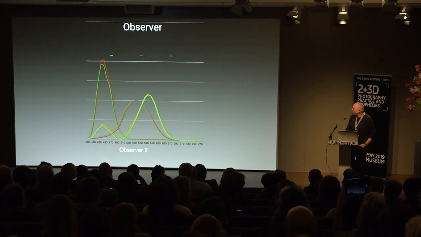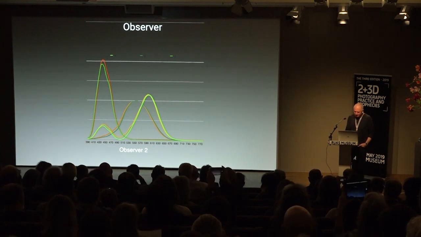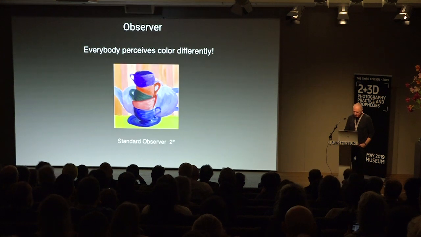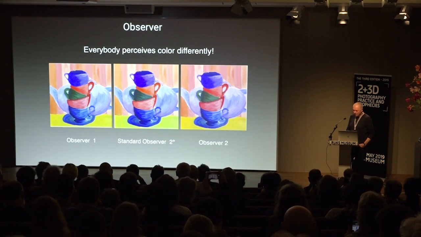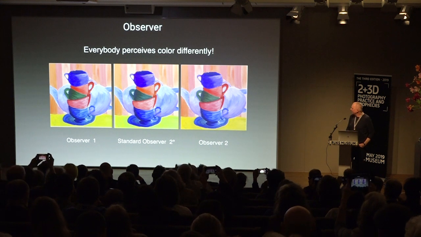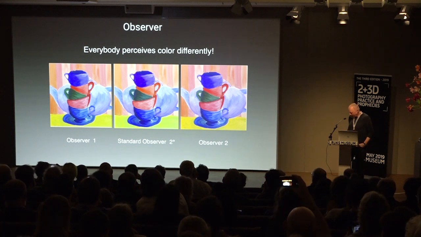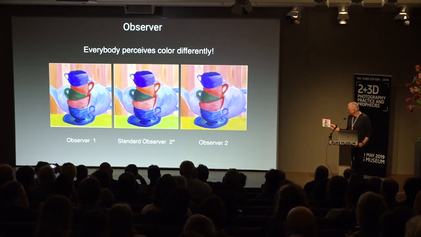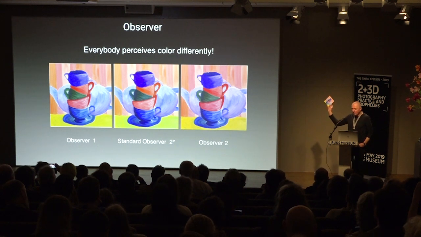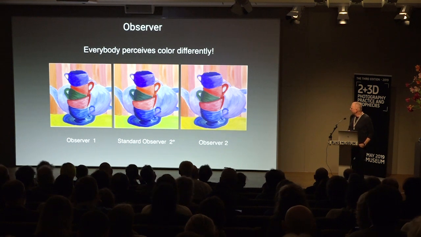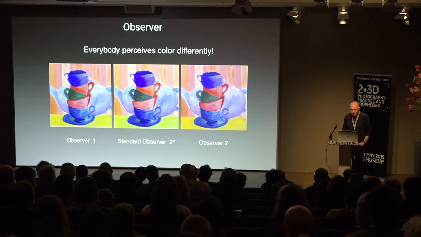These are the curves for these observers. And this is the simulated result between 2 of these observers. And you can see that the standard observer is pretty close to this one. We can show that outside in standard light. And the two observers are pretty far off.